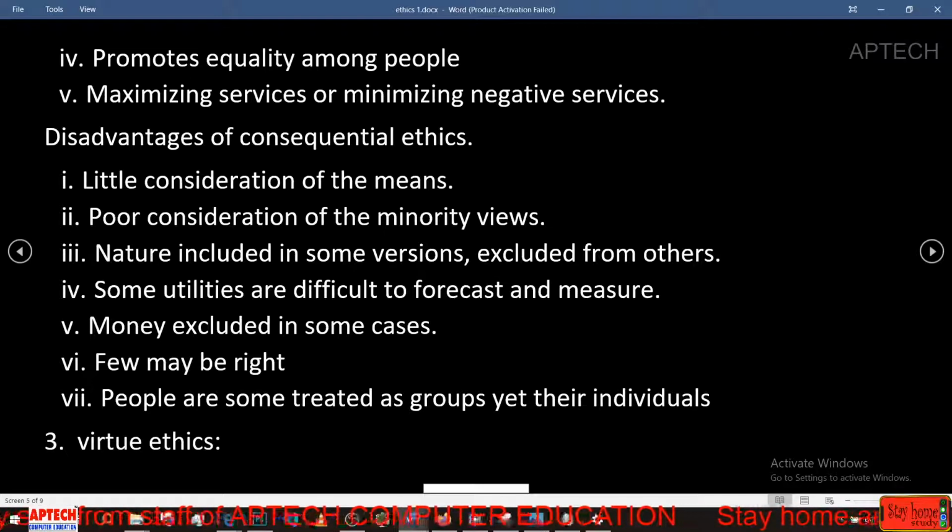So next, it promotes equality among people. Each and everyone is equally punished according to the law. Then, maximizing services or minimizing negative services. Here they maximize the services based on people's likes. It's like most TV channels or any other channel.